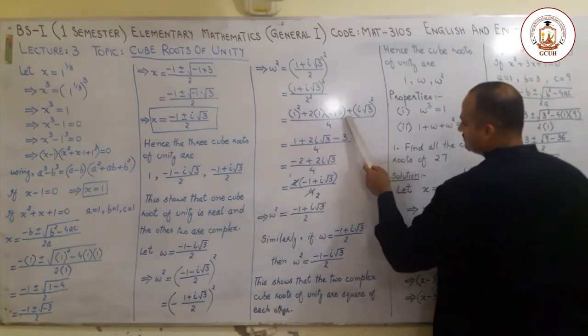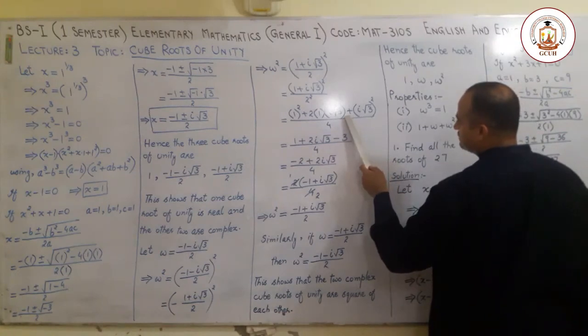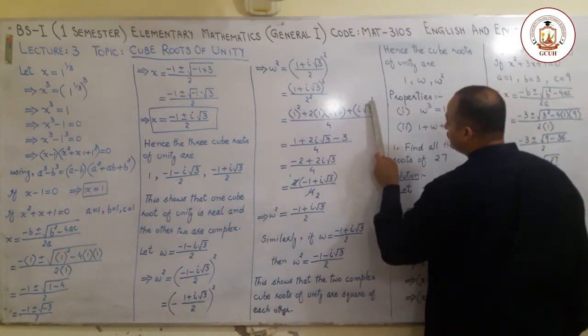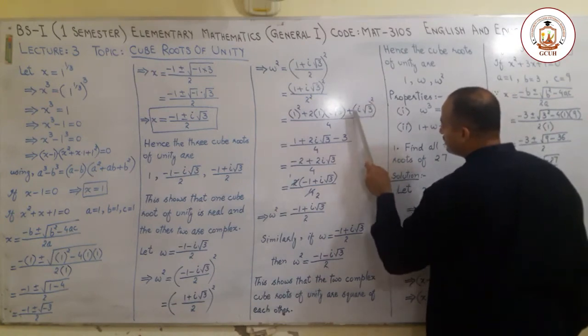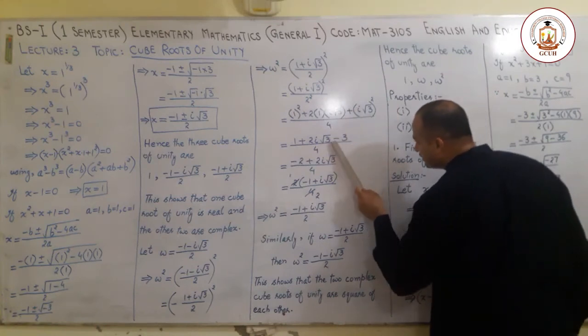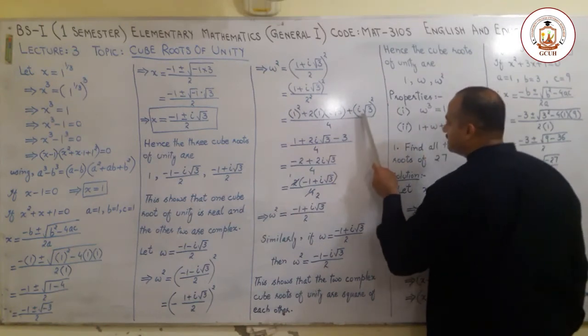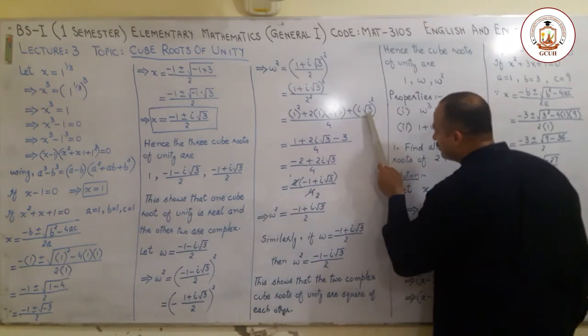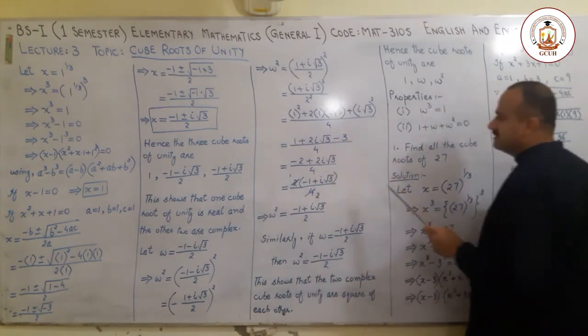Here you may notice a plus sign is present, but after this iota square is equal to minus 1. That minus will multiply with this plus and it will become minus, and square root and square are reciprocal of each other, so only we have 3 here.